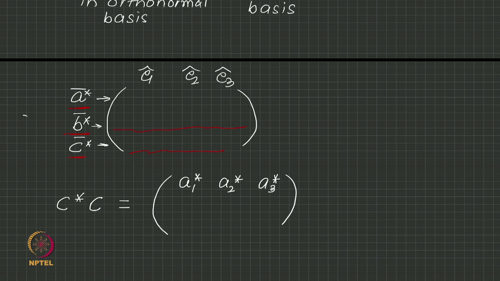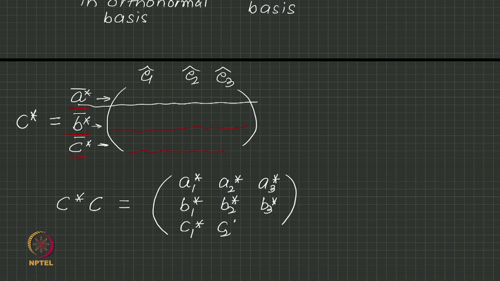This was C star. So, A star expressed in E1, E2, E3. I am saying A star has components A1 star, A2 star and A3 star. B star has components B1 star, B2 star and B3 star. C star has components C1 star, C2 star, C3 star. This is what we get for C star.